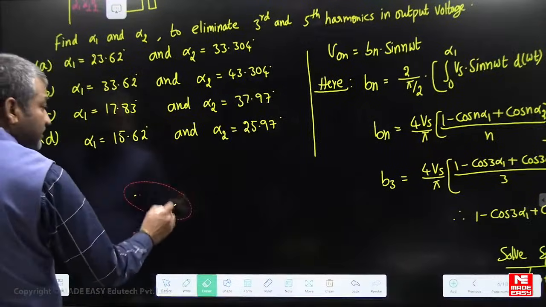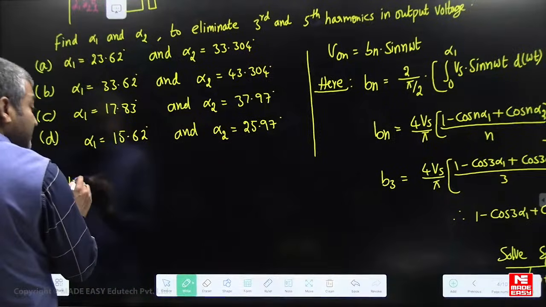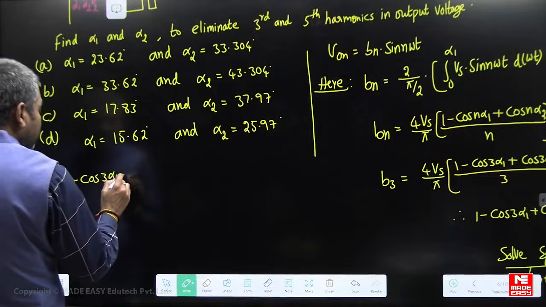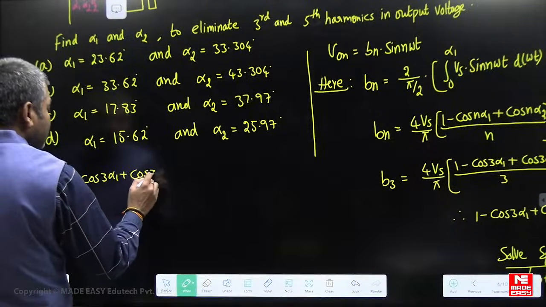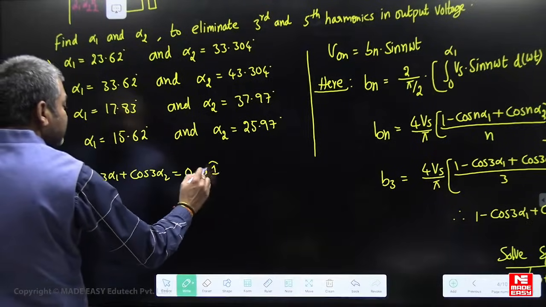options here, substitute here. What is the first equation here? First equation: 1 minus cos of 3 times alpha 1 plus cos of 3 times alpha 2 equals 0. This is the first equation.